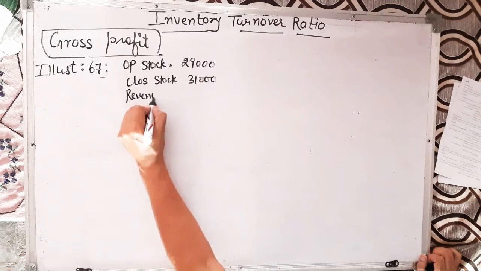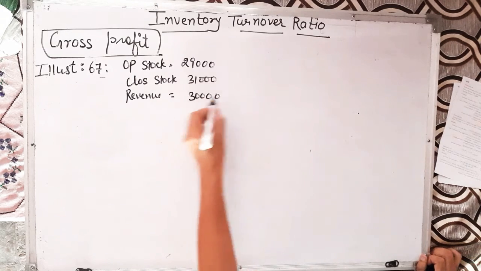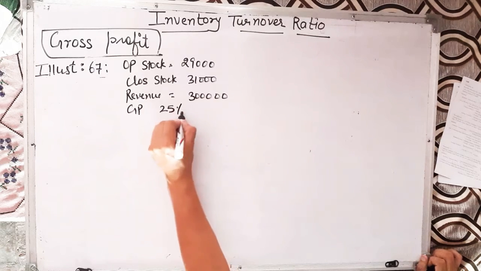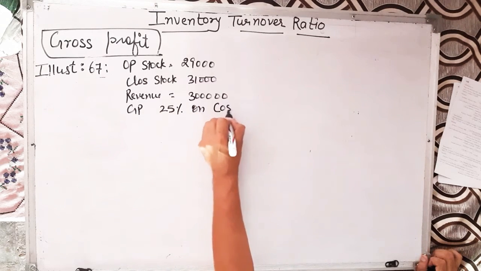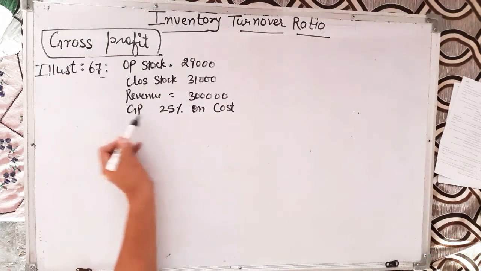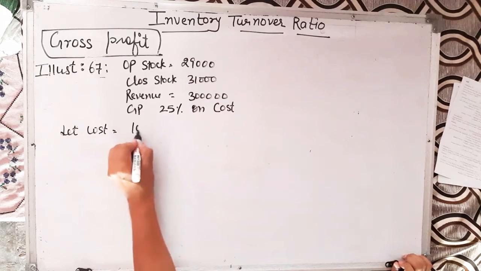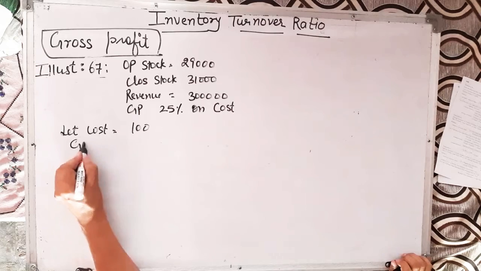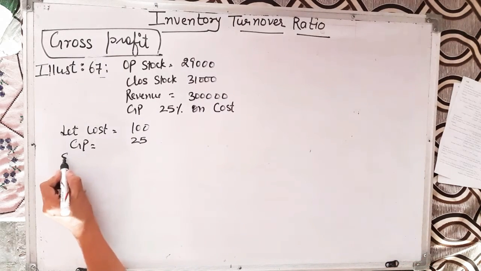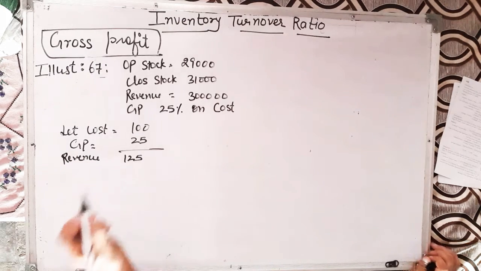Revenue is equal to 3 lakh. GP is 25% on cost. So this will create a problem because revenue is given but GP is on cost. Let cost is equal to 100. GP is equal to 25% on cost, that is 25. Sale, that is revenue, is equal to 125.